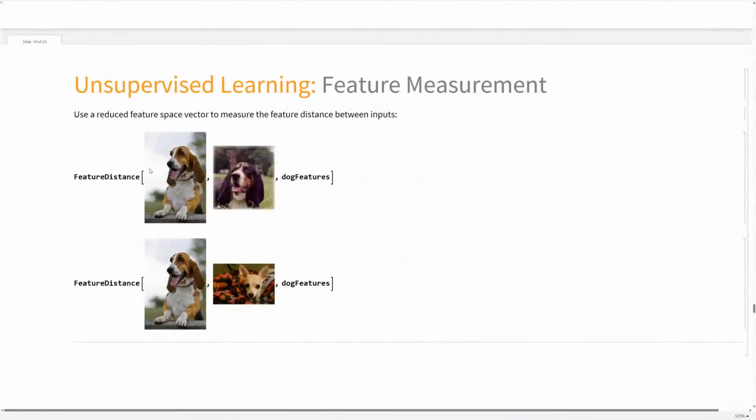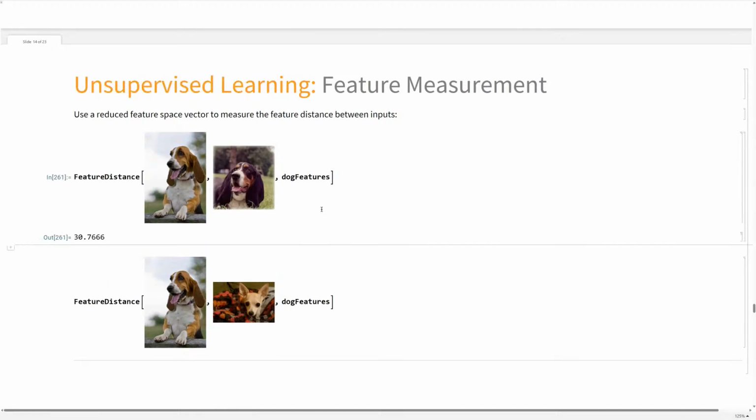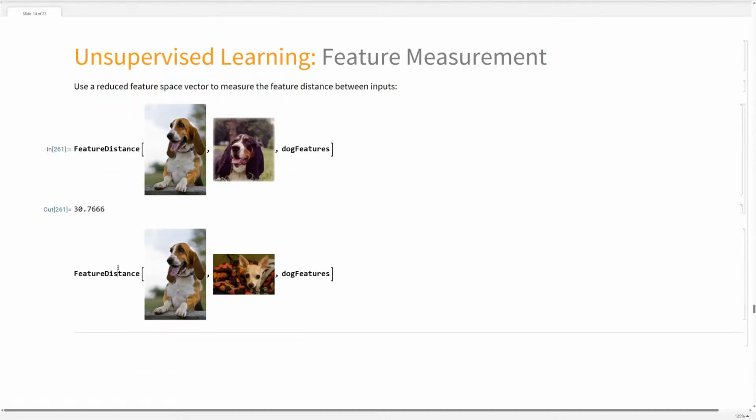And we can then see the feature distance of these two pictures. This 30 might not make sense for now, but if we compare it with this one, these two dogs look similar. They're both hound dogs with bigger ears.